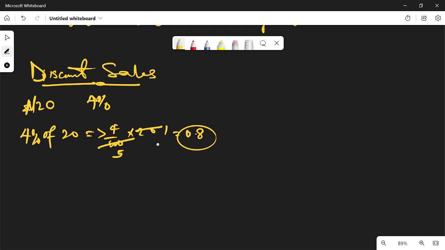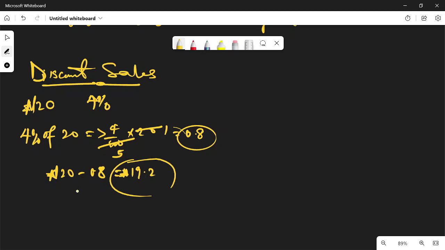So it means you are removing 0.8 naira for that person out of the total marked price. So the person is going to buy it for 20 naira minus 0.8 naira, which is 19.2 naira. That is the amount the person is going to pay instead of 20 naira.